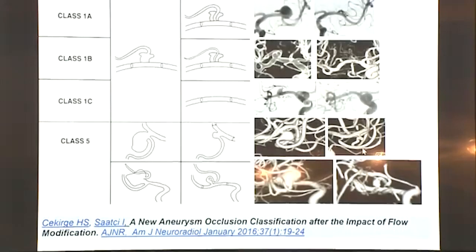But if we see it at the first control, then we don't know if it's going to be stable, or if it continues to grow, then it is a neck remnant at the first angio. So class 5 is basically either having a different course of the branch or an enlargement at the origin of the branch, which stays stable for at least 2 control angios or at least for a year's time.